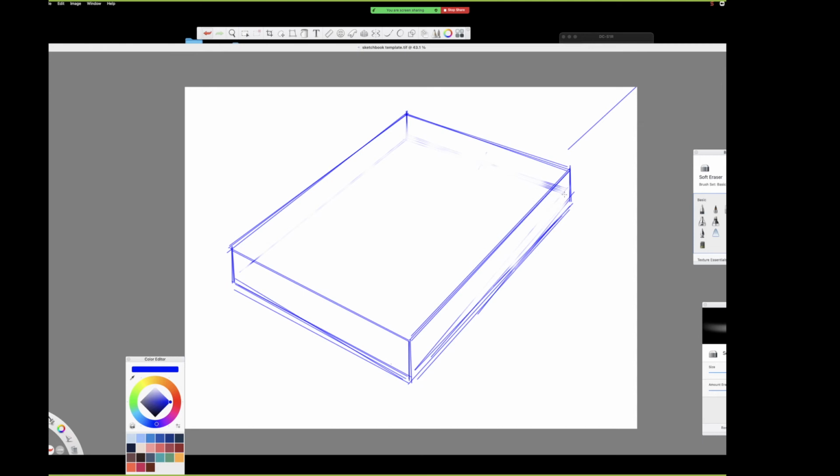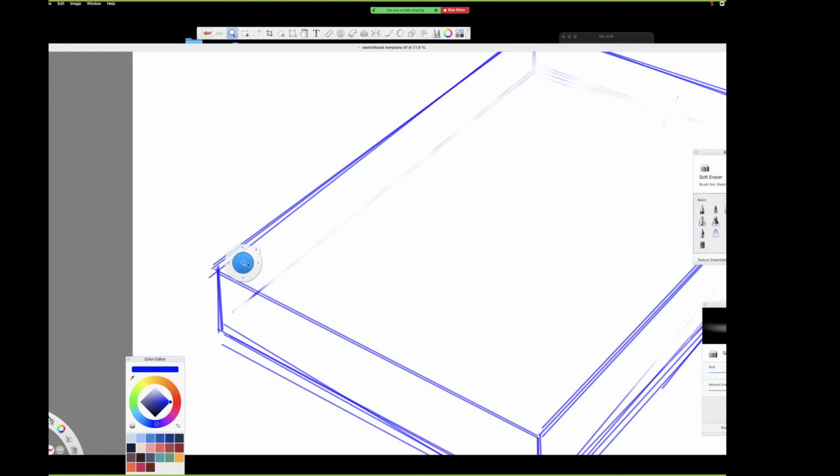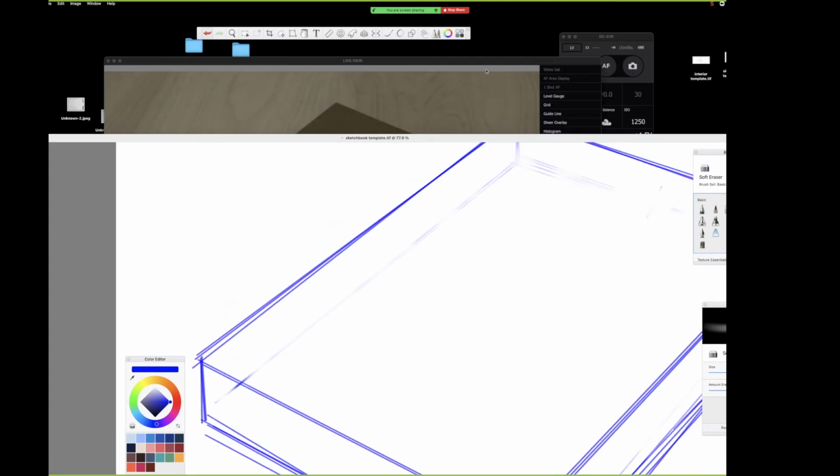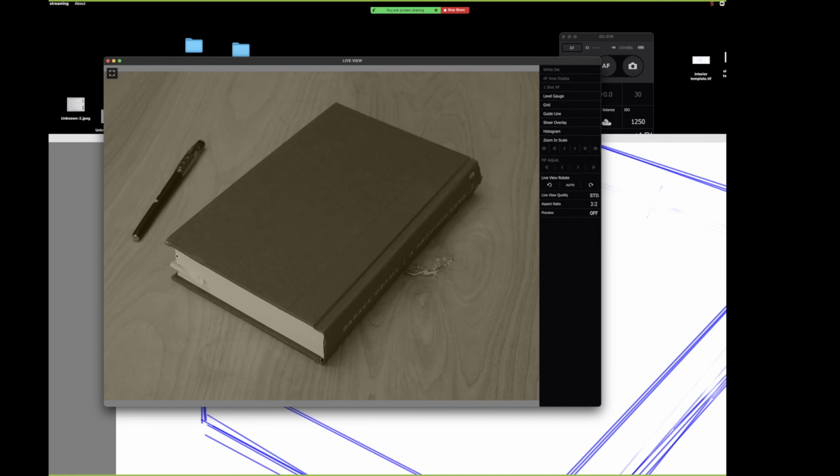So there's the book. Now, we always want to do details. Now I can start to get into details in these smaller passages. For instance, this area right here, what happens here is, see how the white pages of the book here set in from the cover?